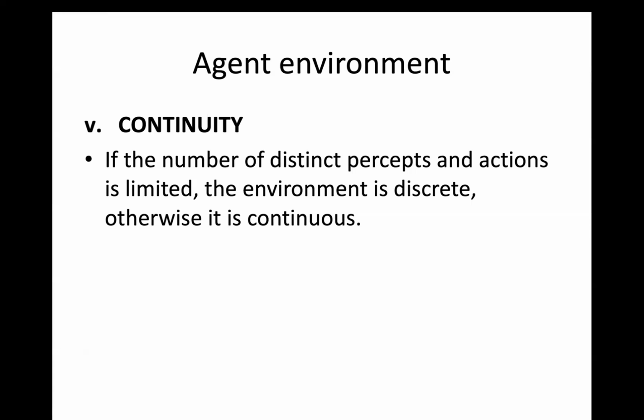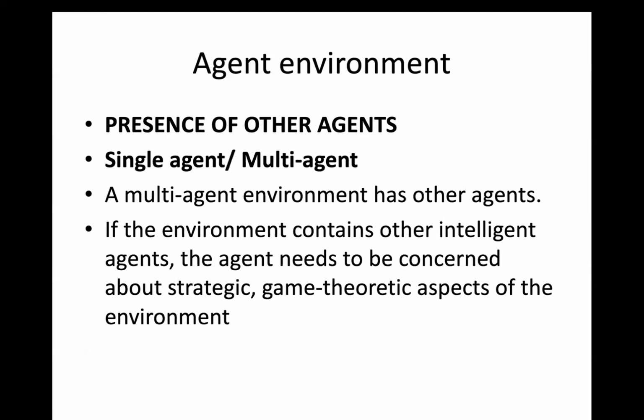So for example, if we think of a chess playing agent, the specific actions are quite limited. There are about 8, 9 different types of pieces on a chessboard, so for each one, the actions are quite limited. For such an environment, we say the environment is discrete. Otherwise, the environment is said to be continuous.